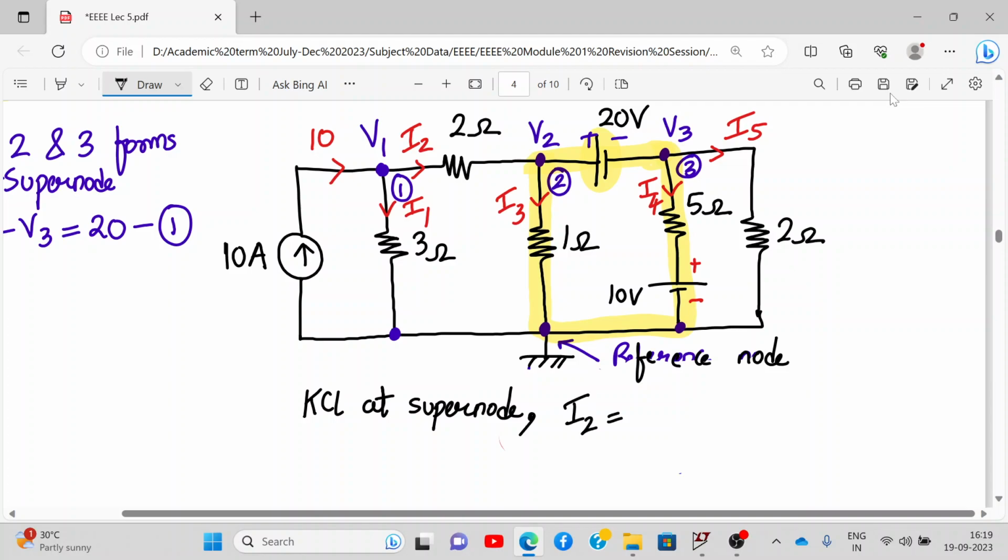I2 will be equal to all the outgoing currents: I3 flowing out of node 2, I4 flowing out of node 3, and I5 also flowing out of node 3. So it will be equal to I3 plus I4 plus I5.